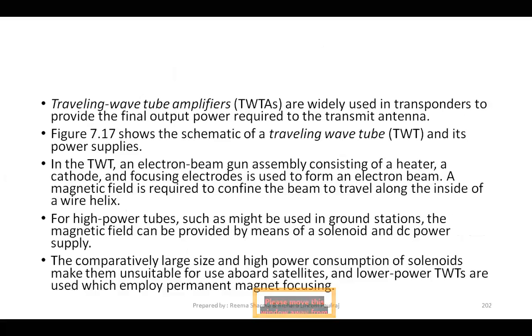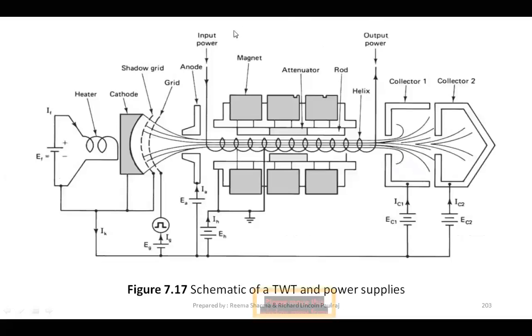Next, we have something called traveling wave tube amplifiers. You can see the electron gun, the traveling wave tube, and the various supplies. Once there is a potential here, you have a heater coil, then a cathode, and through this the electrons pass. You have the anode, then magnets, then attenuators.